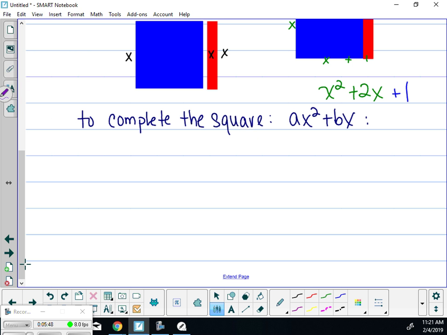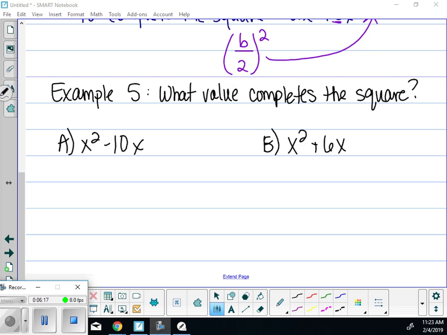You will take whatever that number b is, divide it in half, and then square it. That is the number that we can add to this to make it a perfect square trinomial. So our first step in this process is to figure out what value we need to plug in that will complete the square.